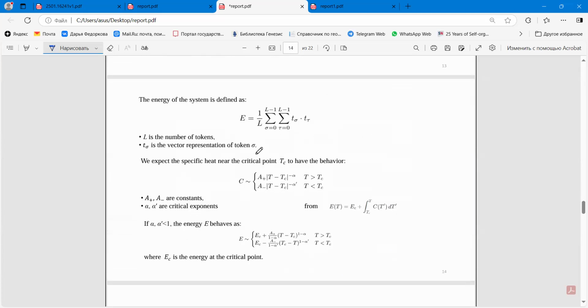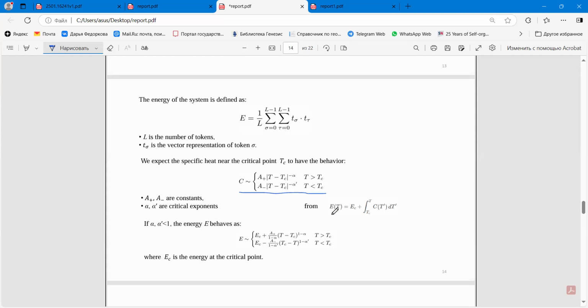And for our system, we can get the energy according to this equation. Remember, L is the number of tokens, and C is a vector representation of a token. And we expect the specific heat near the critical point to have this behavior.